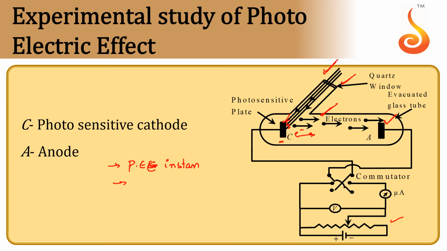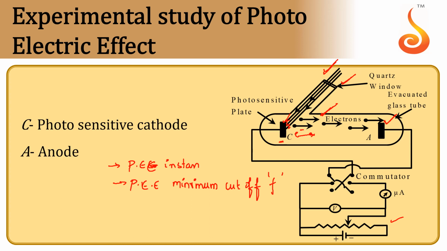The second point: they tried the same experiment with different frequencies of light. Finally they concluded that for the photoelectric effect, a minimum cutoff frequency is required for the effect to happen.